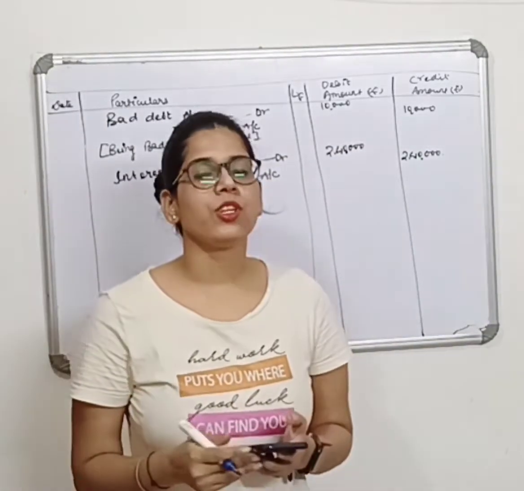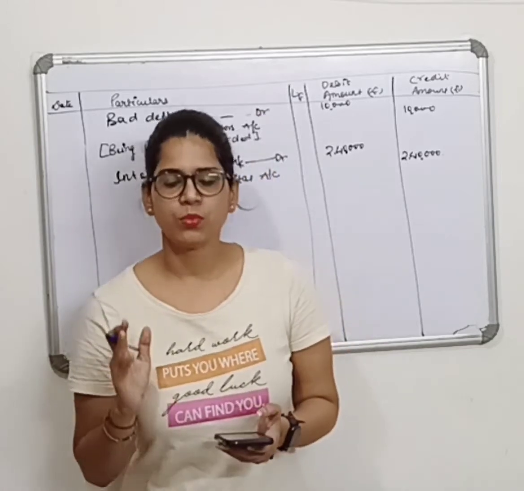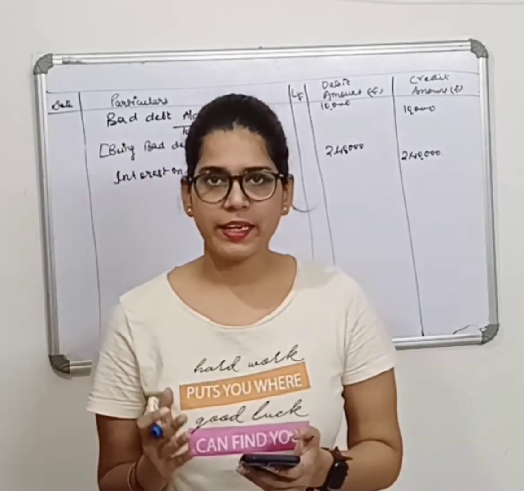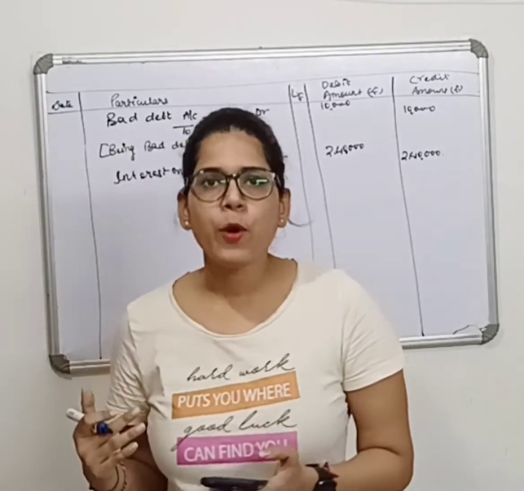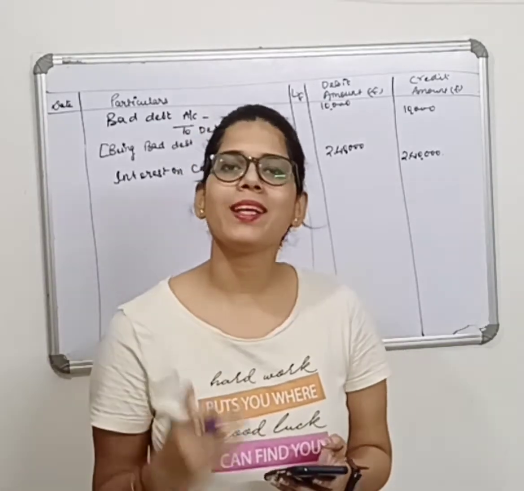Moving to the next entry. The next entry is a bad debt recovery. Many times it happens that we have recorded a bad debt, but at a later point in time in business, the bad debt gets recovered. So we need to pass an entry.